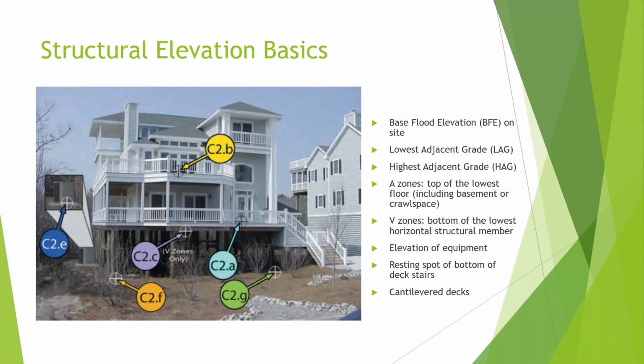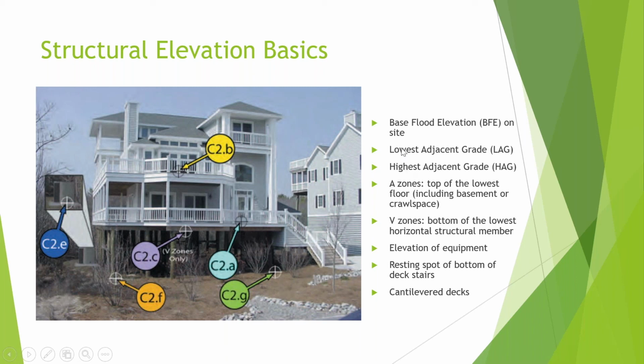So the most important thing to understand is that all of these little numbers indicated by these icons here are very important for someone to know if they're really going to determine the flood risk for their structure. So we don't know what the base flood elevation is on this particular site. This is just an example to show you.